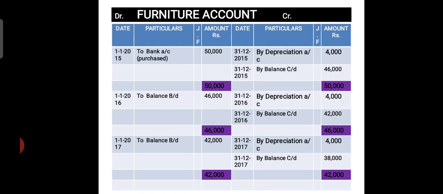There is no change in the depreciation amount that we charged every year on the asset. So we call it the fixed installment method, or straight line method, or original cost method. In this way we need to prepare the asset account.